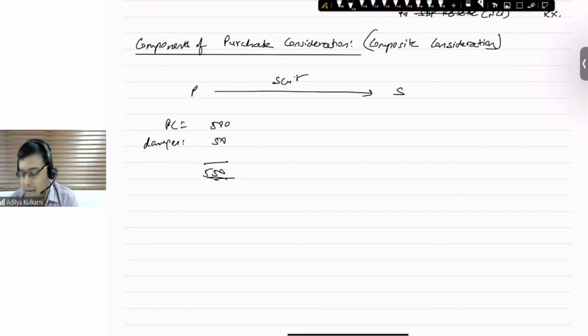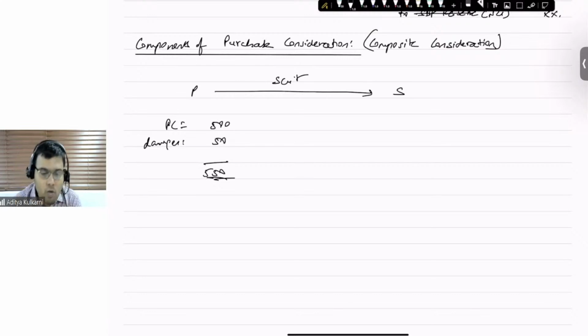So the damages are being paid by P to S. Only thing is, it is not called damages. Instead, P is going to pay 550 to S in exchange for so and so shareholding or whatever it is.